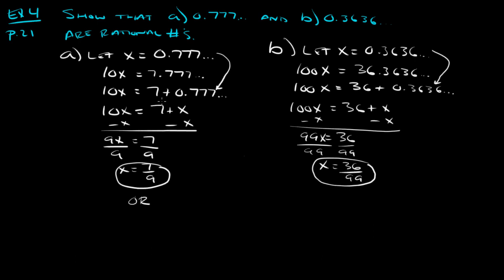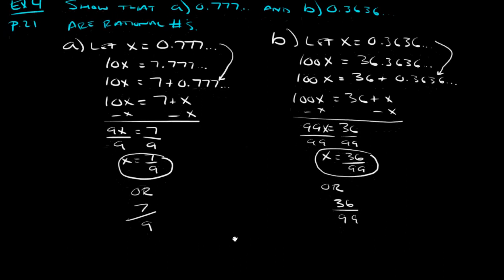However many digits are repeating: there's only one digit that's repeating. 7 is the repeating digit, and you put it over 9 since there's just one repeating digit. On this one here, there's 2 repeating digits, so 36 are the 2 repeating digits, and since there's 2, you put 2 9s underneath, so 36 over 99.